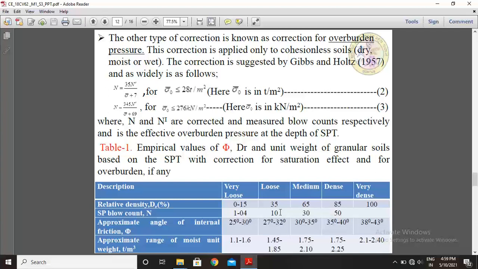For loose 10, medium 30, and dense 85 percent relative density, N value is 50. And based on the angle of internal friction, 25 to 30 degrees, 27 to 32 degrees for loose sand, medium 30 to 35 degrees, dense 35 to 40 degrees. Approximate range of moist unit weight in ton per meter cube, 1.1 to 1.3. So from these tables we conclude how the N value is selected based on the conditions.